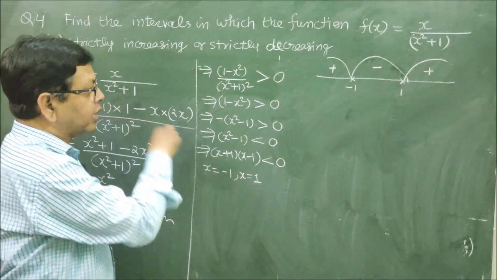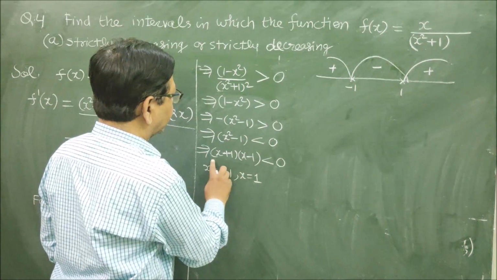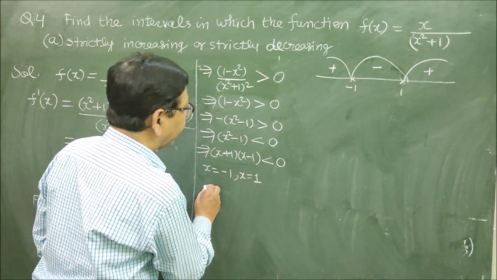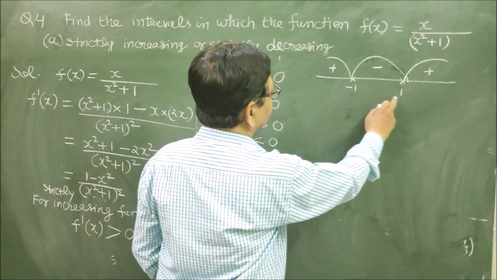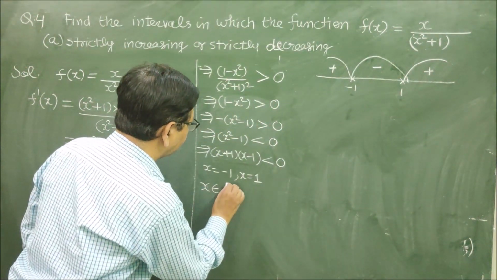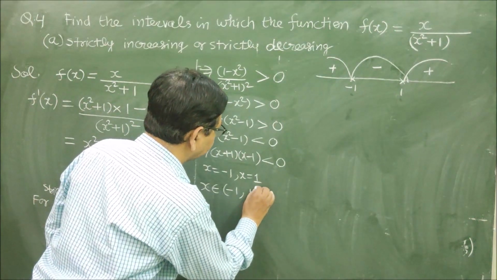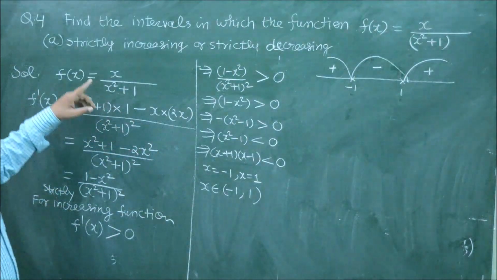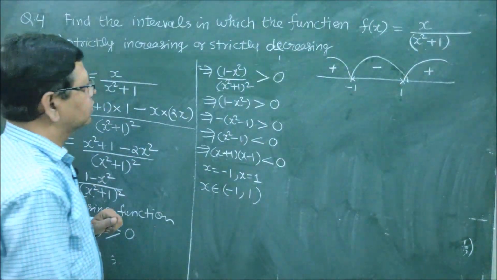Now this quadratic expression is negative when the value of x lies between minus 1 and 1. So when x belongs to the open interval minus 1 to 1, then this function is strictly increasing.